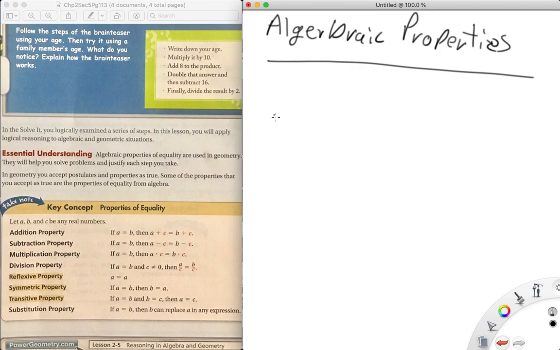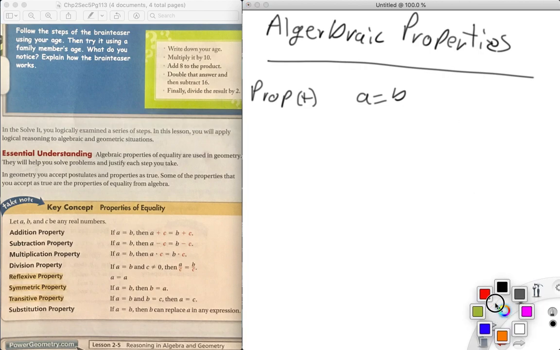So we have the addition property of equality, and this is how I write it. The addition property of equality just means that if I add something, I got to add it to both sides. So A equals B. If I add something to one side, I got to add it to the other side. And the equality sign remains true.